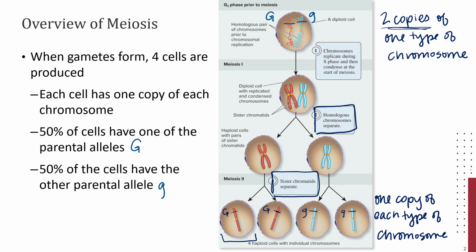And if we think about this happening for the sperm and the eggs, if we start with the same genotype for each parent, then each parent could potentially produce a big G or a little g. Now, what they're able to pass on depends on their particular genotype. But right now, we're just going to go with they're each heterozygous, big G, little g.